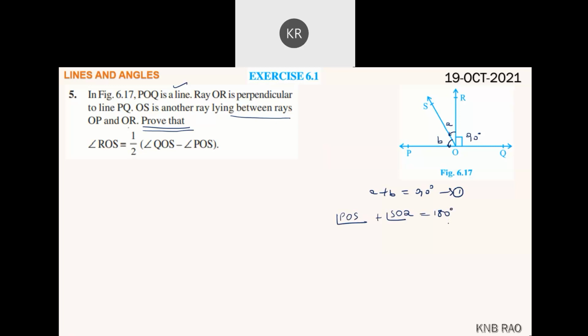Next. Sir, they told angle ROS should be equal to half of angle QOS minus angle POS. Yes, yes. Angle QOS minus angle POS is equal to 2A, sir.